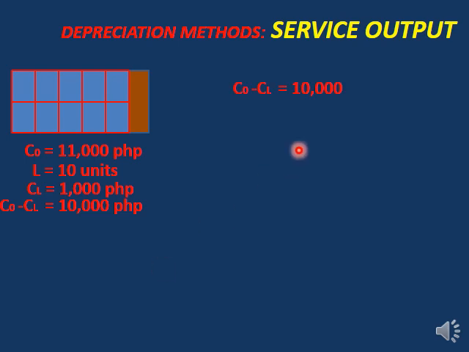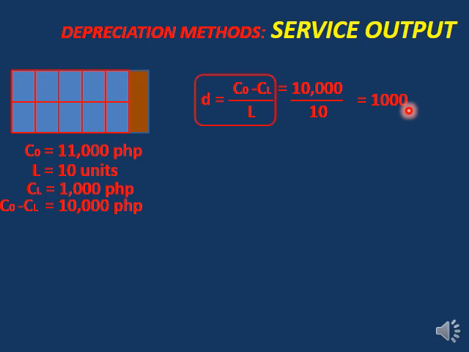First, we determine the total service life or cost of service of the machine, divide it by the total service output. The total service output in this case is 10 units, meaning it is depreciating at the rate of 1,000 pesos per unit of service output.